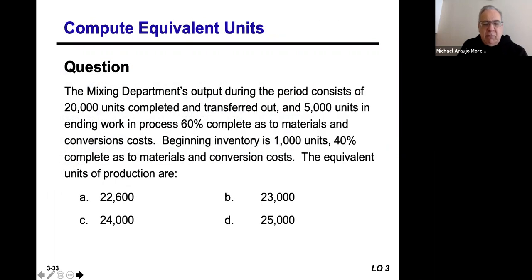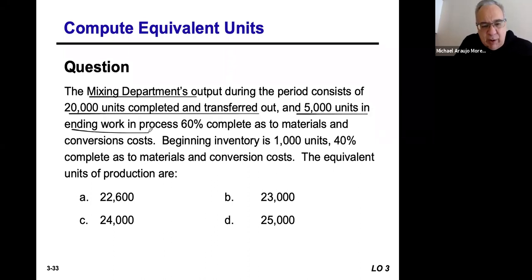So here's a little extra question. The mixing department's output for the period consists of 20,000 units completed and transferred out, and 5,000 units in ending work in process that are 60% complete for everything, materials and conversion costs. So they're only 60% complete for both categories. Beginning inventory, we don't really care so much about.